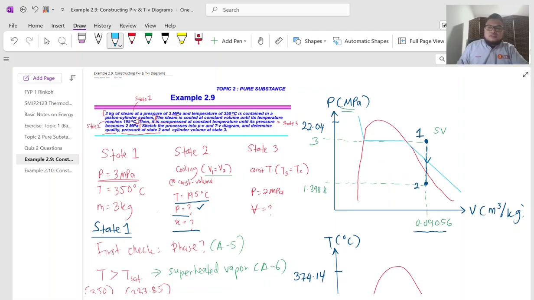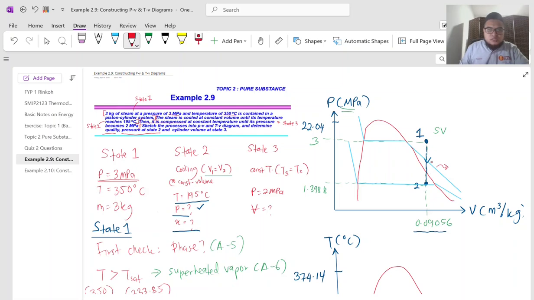And we have state 2, something like this. And then like that, and then that. Okay, so that completes the PV diagram. The PV diagram will have a y and x axis, the vapor dome in red, and then the isotherms in blue.